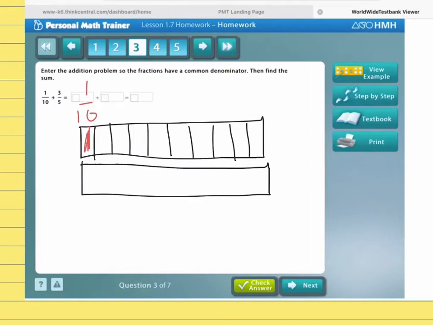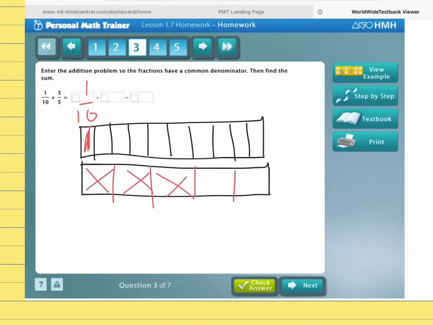So I'm going to go ahead and make fifths out of this one. It's very difficult to draw these correctly. So something like that. So I'm adding 3/5 here, 1, 2, and 3/5. I'm adding 3/5. I'm adding 1/10.